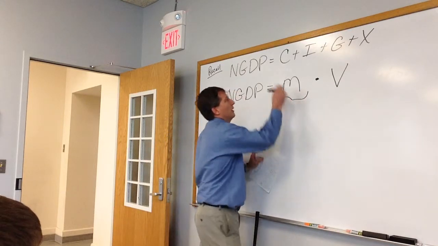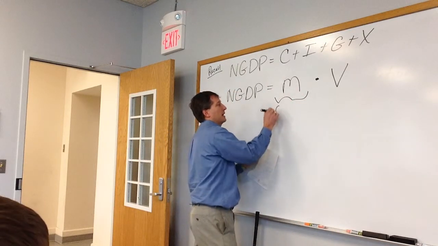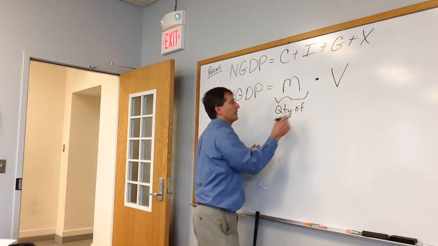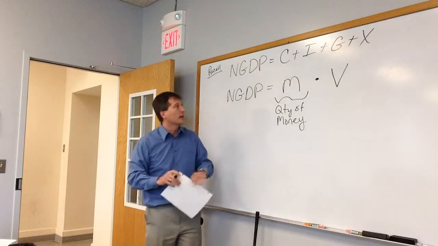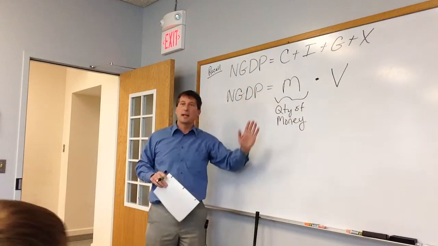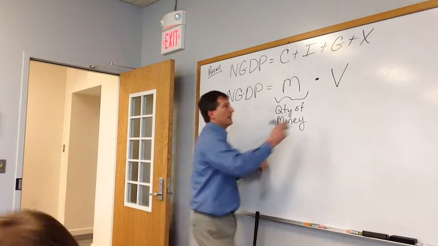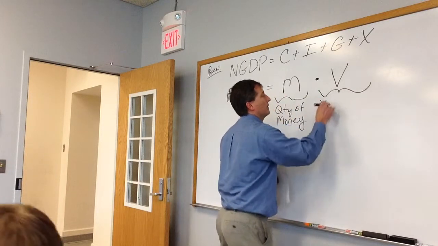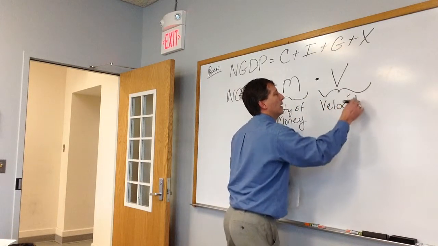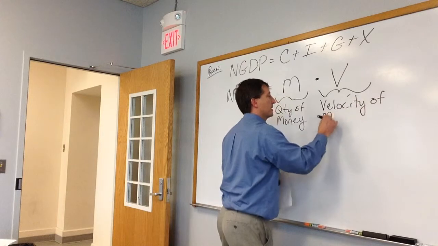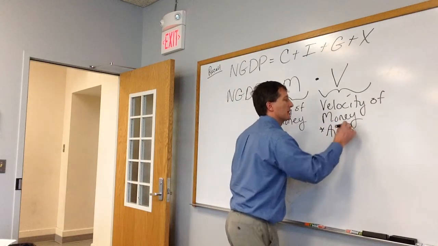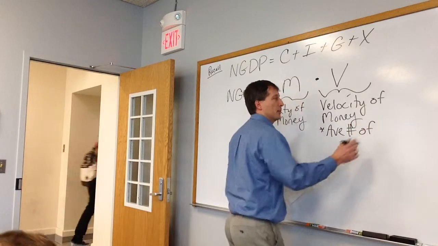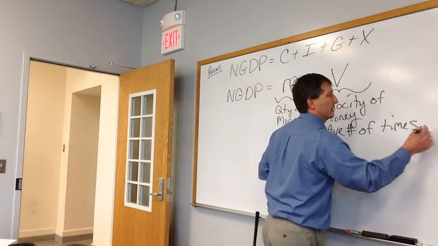So here, this big M is representing the quantity of money, and it very well could be the M2, for instance. We're just going to use it a little generically. But that is the quantity of money in the nation. And V is the velocity. The velocity of money, something you probably never really thought about, but it's the average number of times a dollar gets spent.